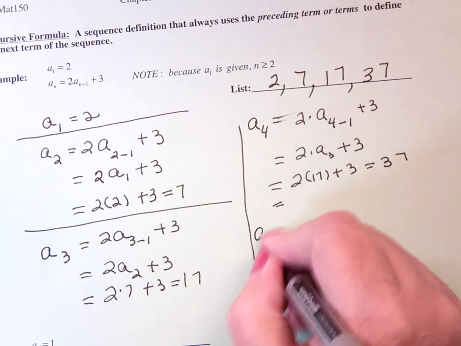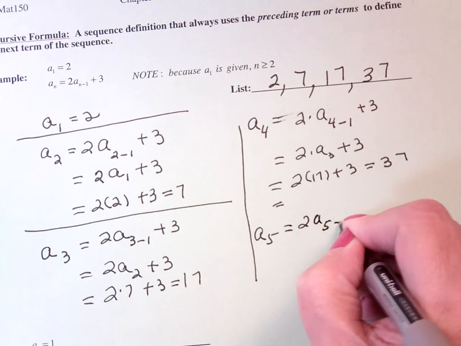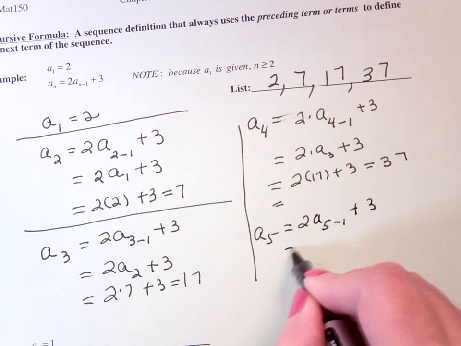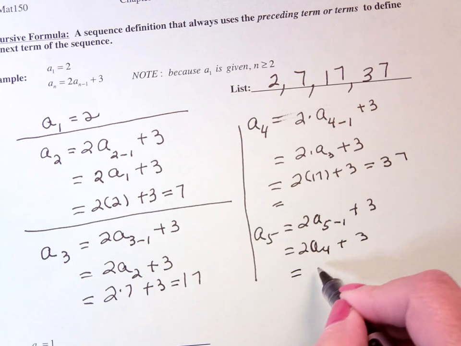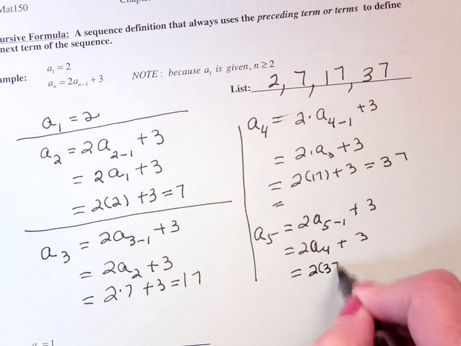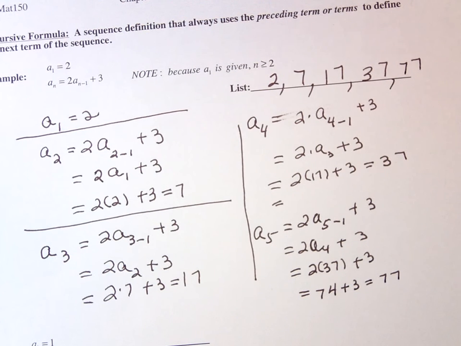Let's see what A sub 5 is. 2 times A sub 5 minus 1, plus 3, which is 2 times A sub 4 plus 3. These numbers are getting too big for me. Now I'm going to have to multiply. 74 plus 3 is 77. That's interesting. It likes sevens.